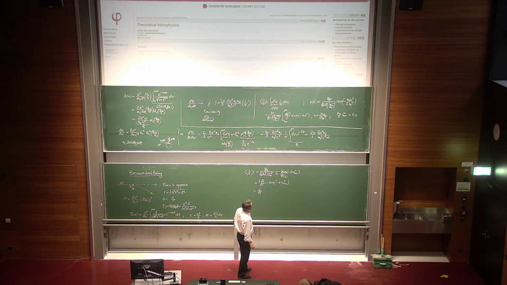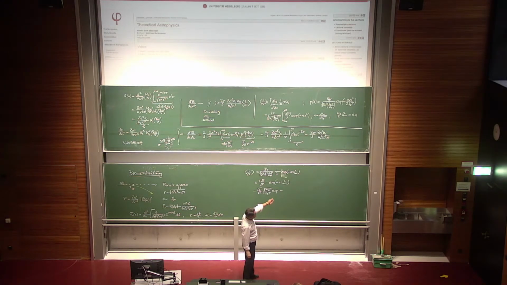Now the square root of me divided by 2 kBT. Okay, this will do that. Then we have the exponential of minus v min square.